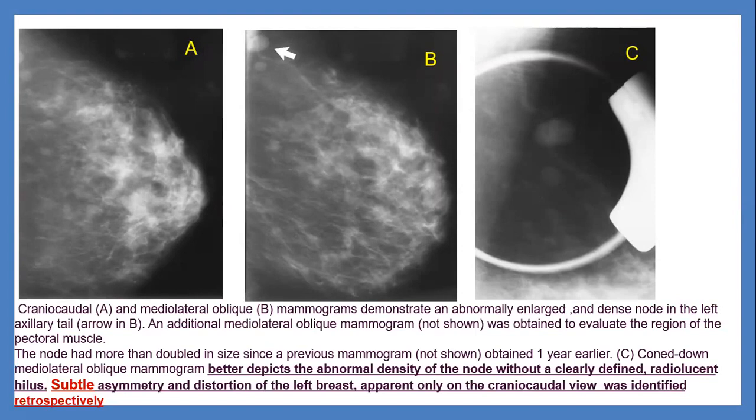Okay, let us see what they put in the descriptions. The craniocaudal and mediolateral mammogram demonstrate an abnormally large and dense node in the left axillary tail. Additional mediolateral view, not shown, was obtained to evaluate the region of the pectoralis muscle, and the node had more than doubled in size since previous mammography.